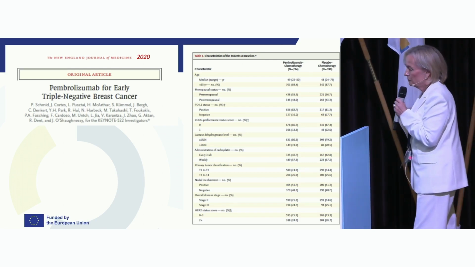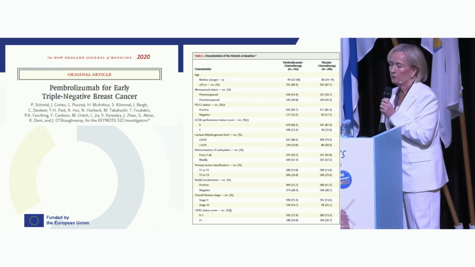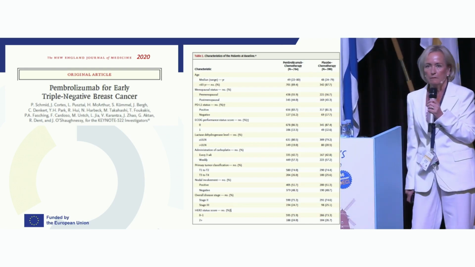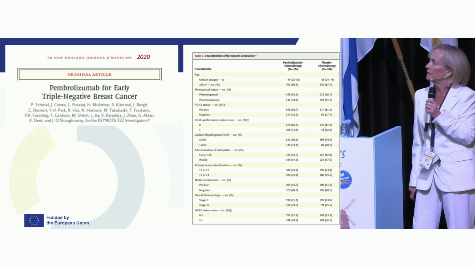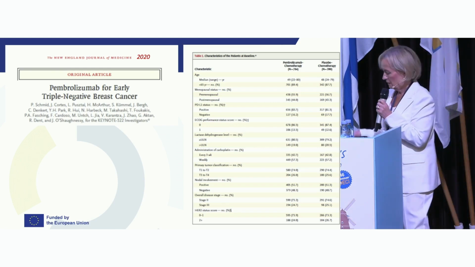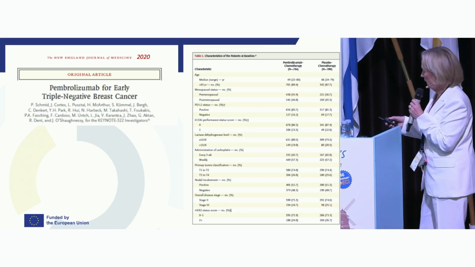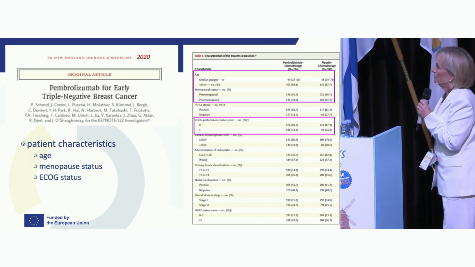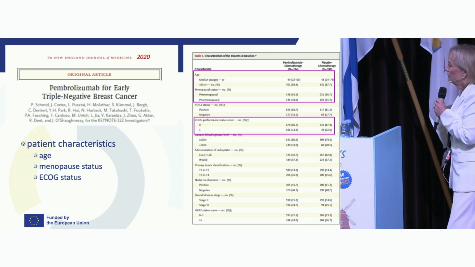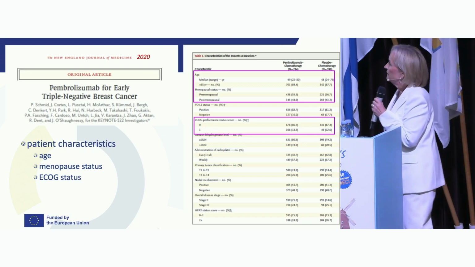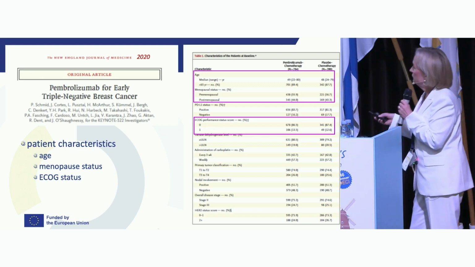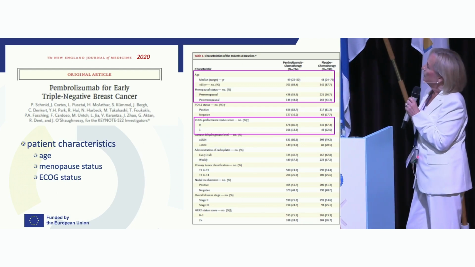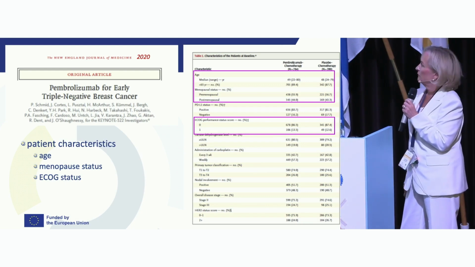So within our consortium, we decided to use Table 1 of the publications as a starter. So we dug into this study and went through which are the relevant patient characteristics.